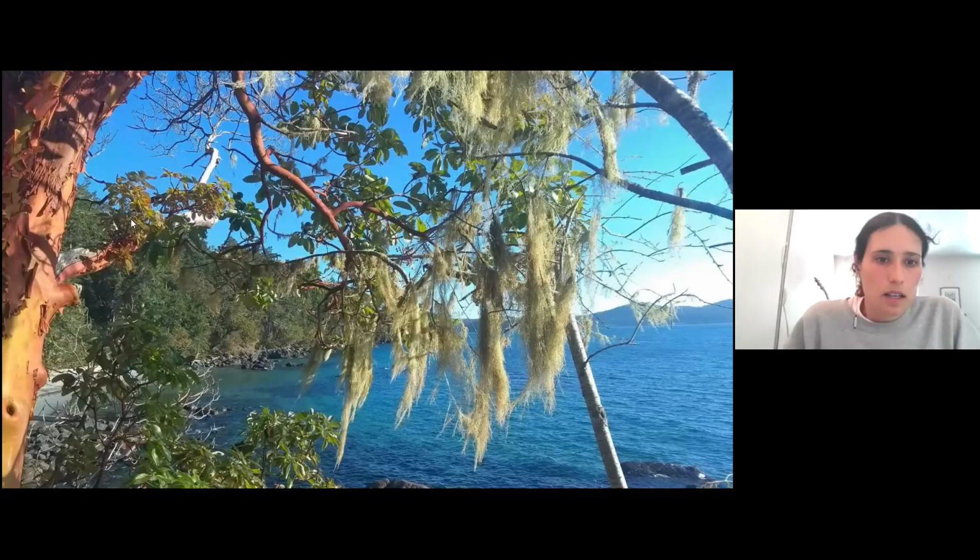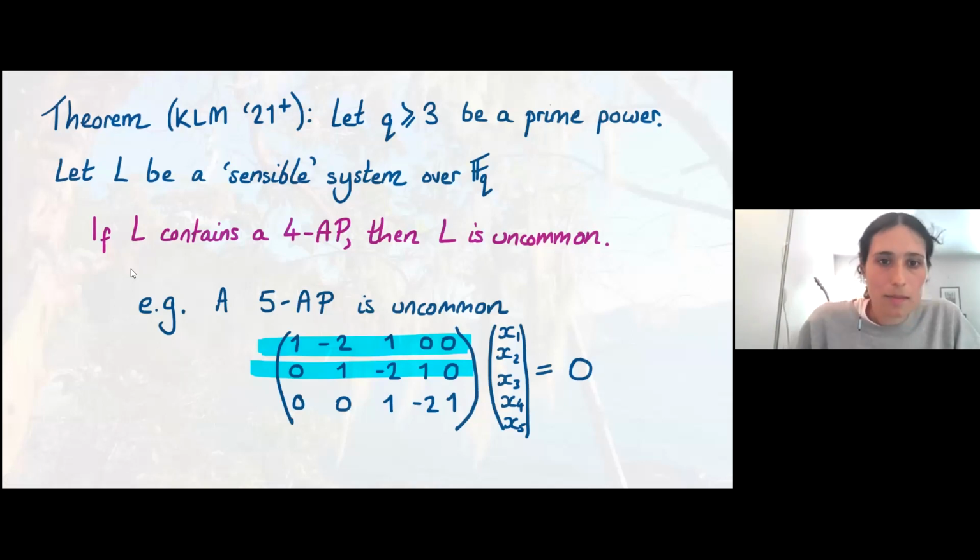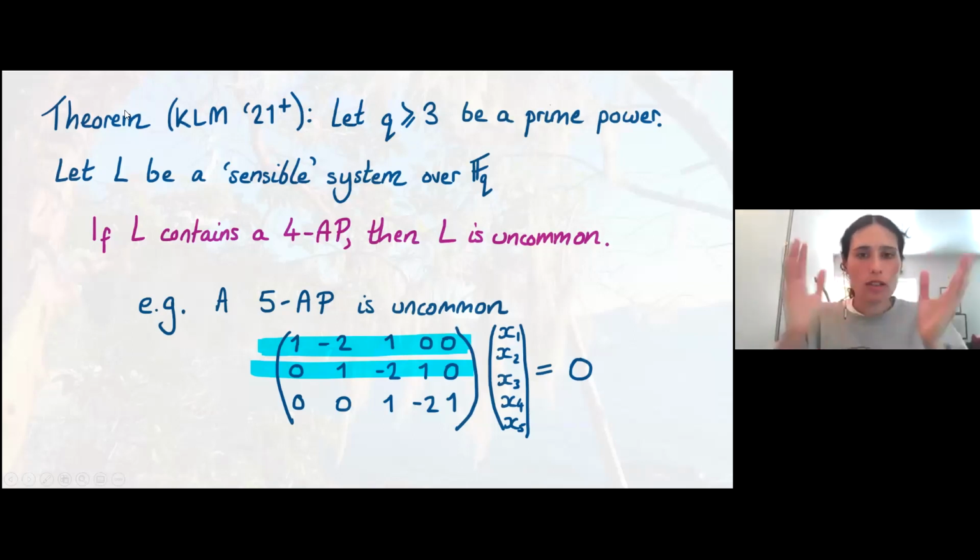Okay, so what does our theorem say? Well, it says that their question, or their conjecture, is true. So it is the case that if your system contains a 4AP, then it is uncommon. Sorry, that should say odd prime power. So we've got F_q, and q needs to be an odd prime power, at least 3. Sorry, I'm just being silly.